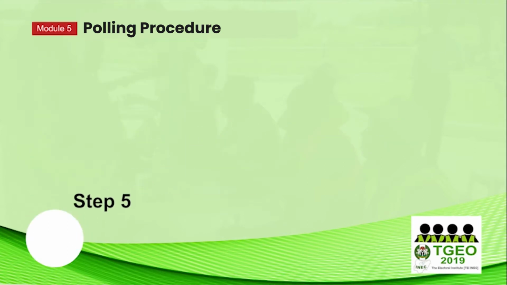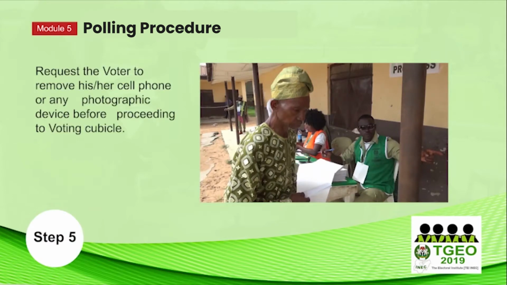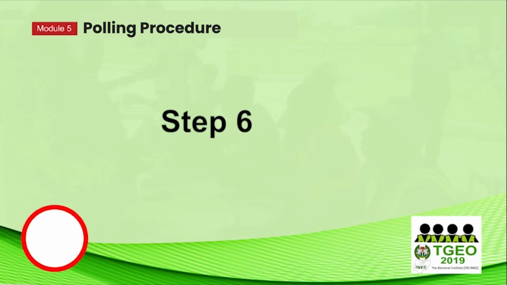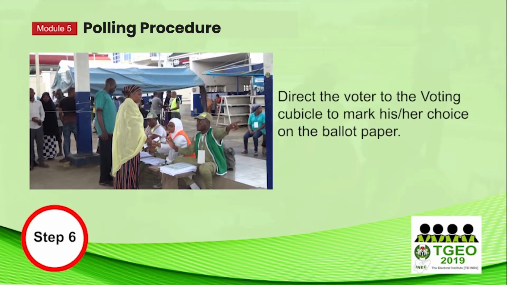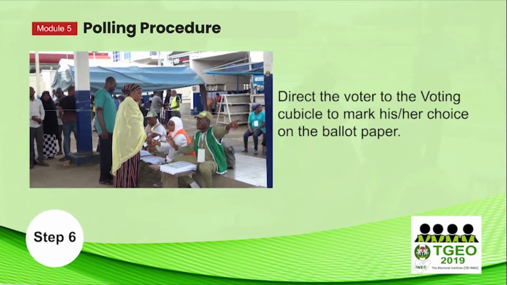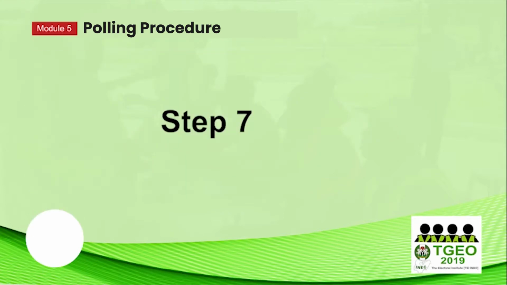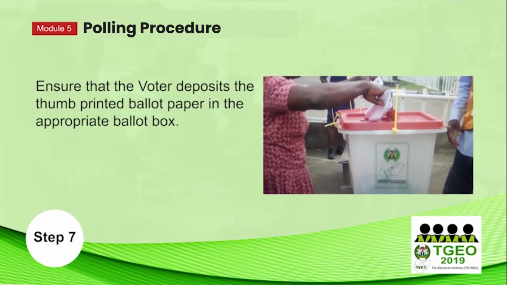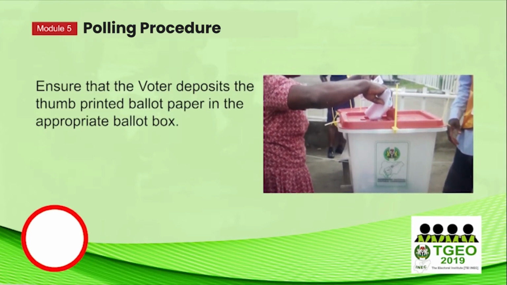Step 5. Request the voter to remove his or her cell phone or any photographic device before proceeding to the voting cubicle. Step 6. Direct the voter to the voting cubicle to mark his or her choice on a ballot paper. Step 7. Ensure that the voter deposits the thumb-printed ballot paper in the appropriate ballot box.